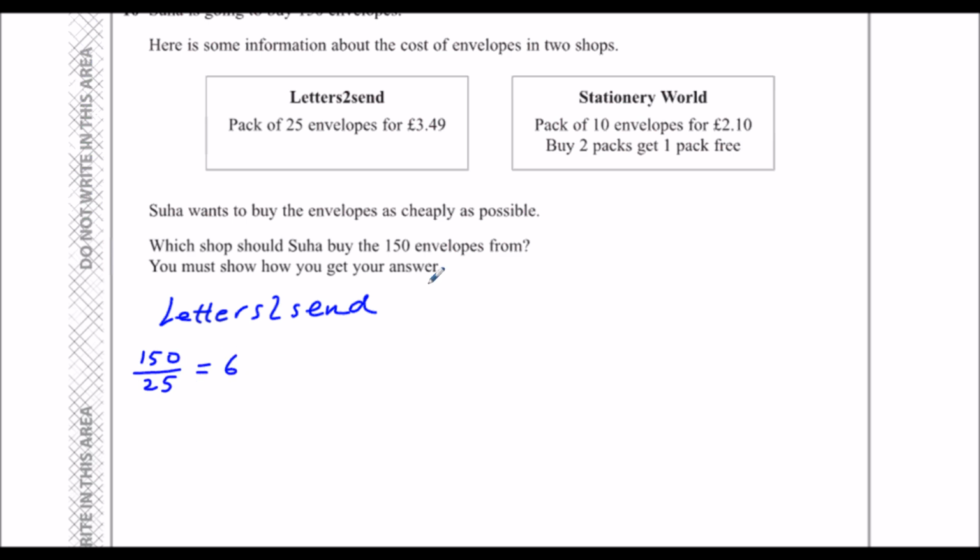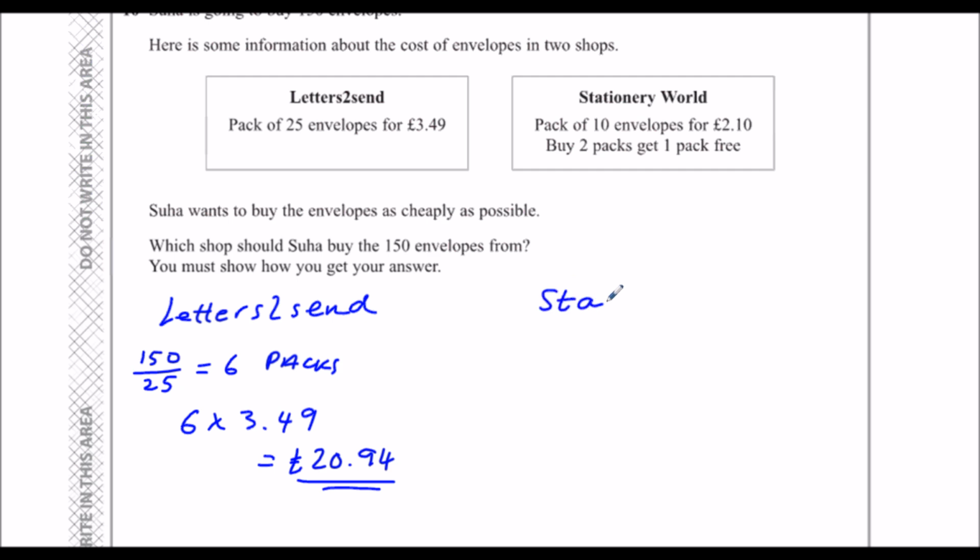That's 6. So she needs to buy 6 packs of envelopes. So 6 times £3.49. Type it into the calculator. And we should get £20.94. So that's Letters to Send.